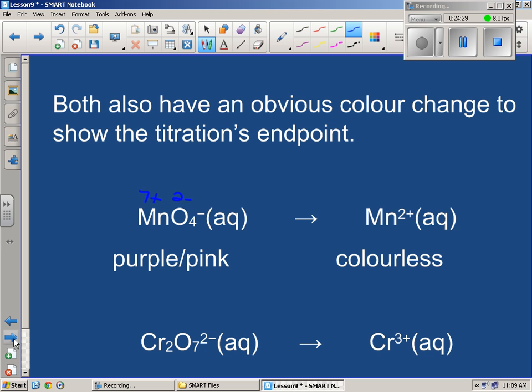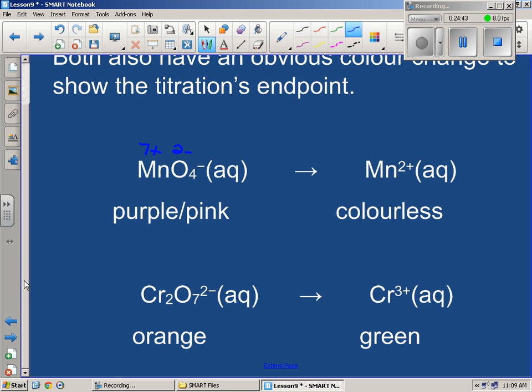When it gains those electrons from the one that's being oxidized, the reducing agent, it's going to turn from purple-pink to colorless. You should be able to see that pretty nicely. And dichromate happens to be an orangey color. Once again, if it gains electrons, which it would in this case, it's being reduced. It's the SOA, being reduced.